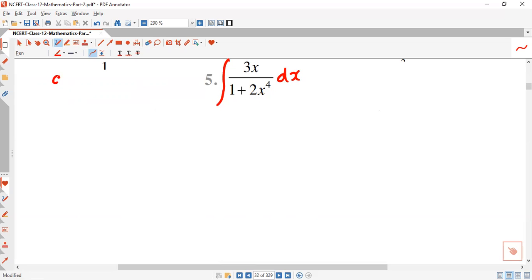I'm just trying to make the denominator like a square plus minus x square. So I take it here, this 2x raised to 4. We can simplify and write down this question this way also: 3x divided by 1 plus root 2x.